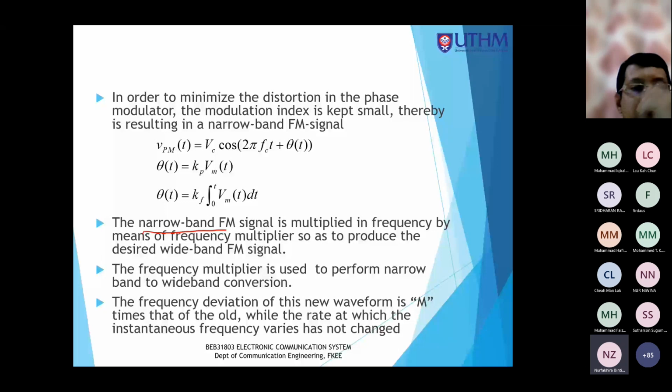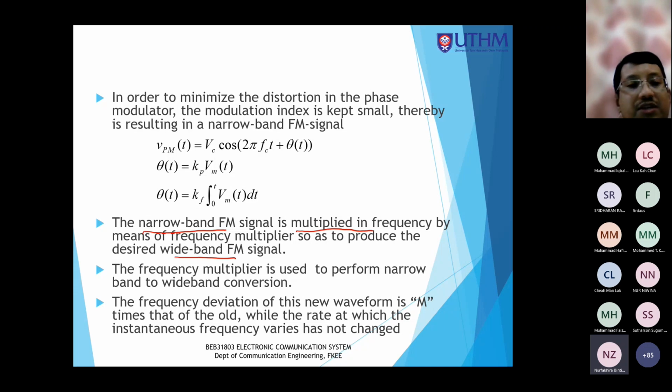So for commercial applications, normally we use wideband FM. In that case, we might need additional components after the modulator in order to produce the wideband FM. One of the methods is to use a multiplier, which will multiply the frequency in order to produce the wideband FM.